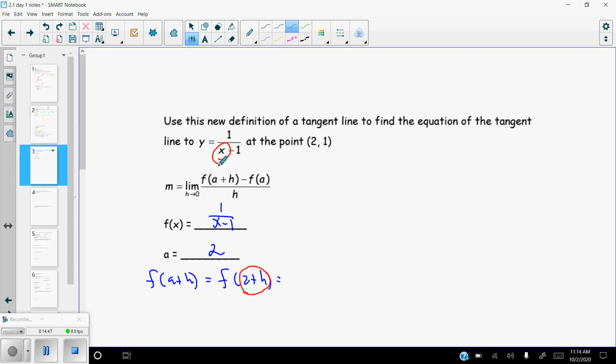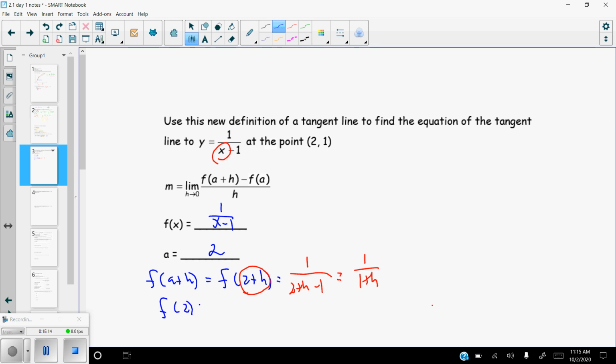It means take what's inside the parentheses, plug it in for your variables. So what we're going to get is 1 over 2 plus h minus 1. We'll simplify that, because I've got a 2 and a minus 1 in the denominator, so I've got 1 over 1 plus h. Okay, and the other thing I need is f of a. Well, they gave that to us. That's our y value. That's 1. So we'll just write that down.